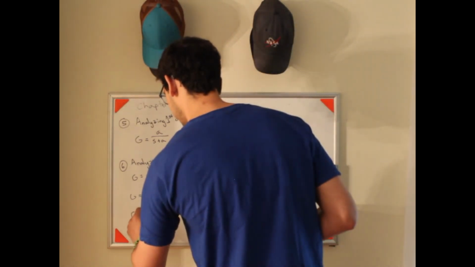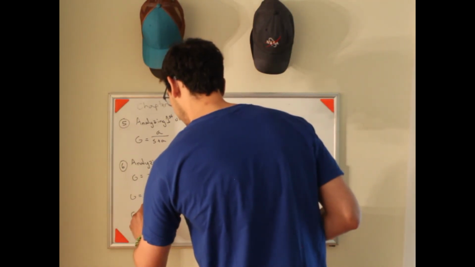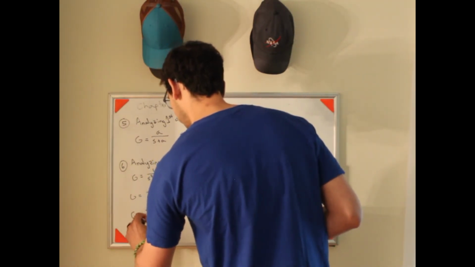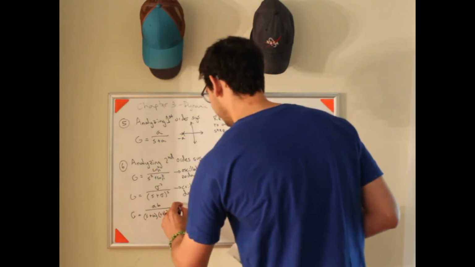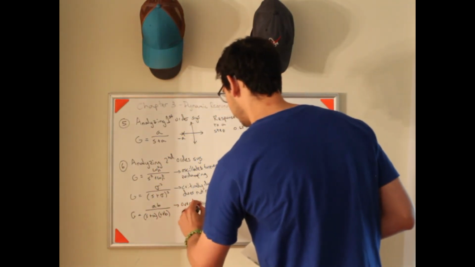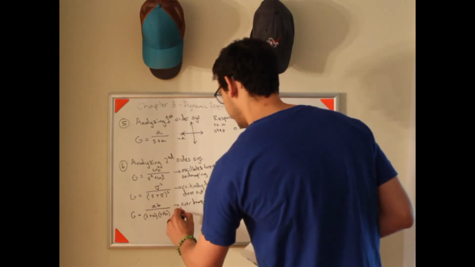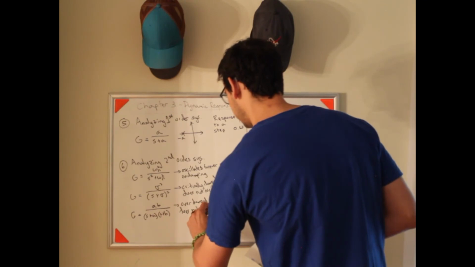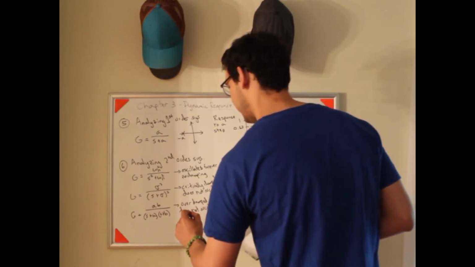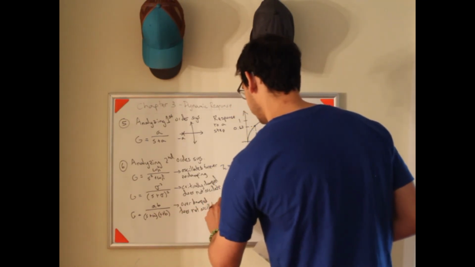If G equals AB over S plus A, S plus B, then this is overdamped, does not oscillate, and the damping ratio is greater than 1.